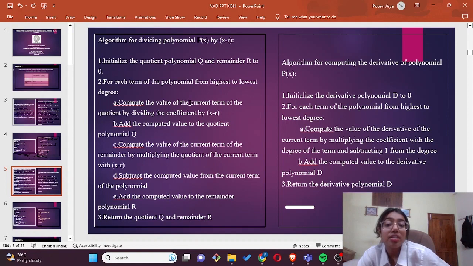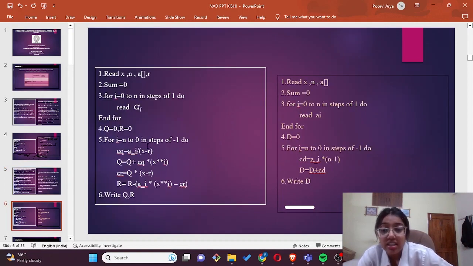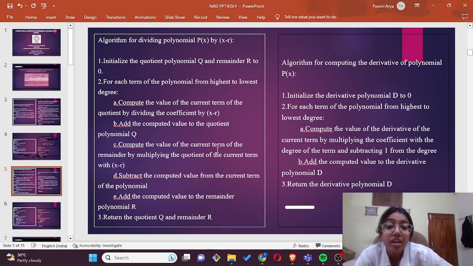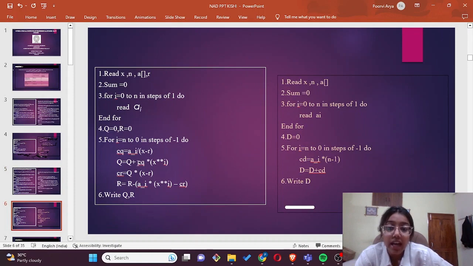It says the current term, we have to divide the coefficient by x minus r. See, current quotient, let's say ai is the number, then ai is the polynomial, we divide it by x minus r. Add the computed value to the quotient polynomial q. We added it as it is to quotient polynomial q.